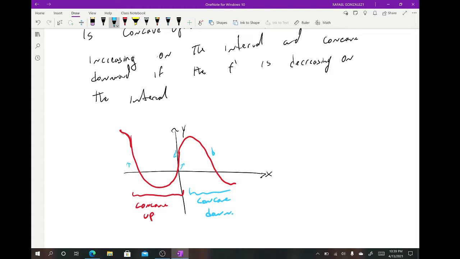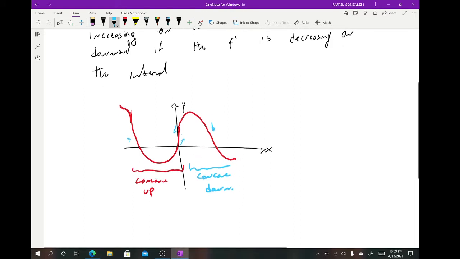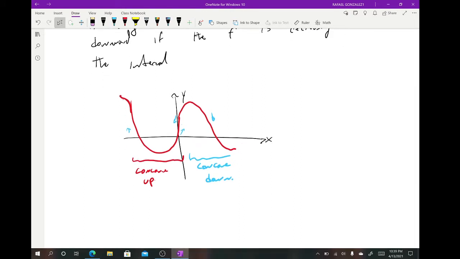Now when we work with functions, we can use the so-called second derivative test to actually test for when a function is concave up or concave down.